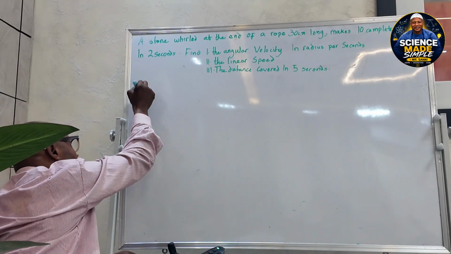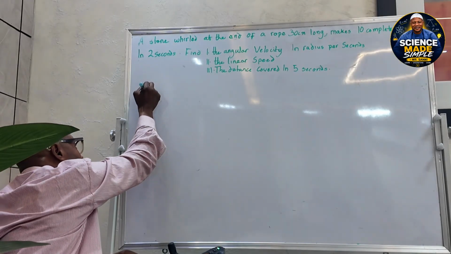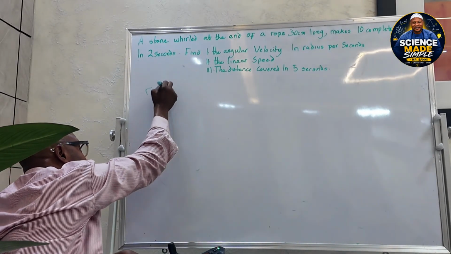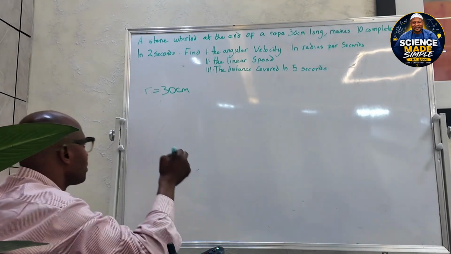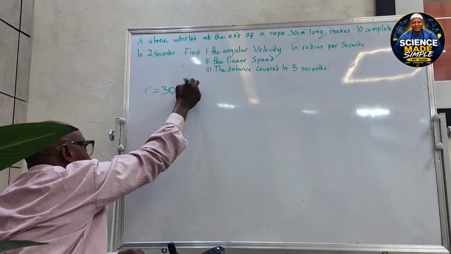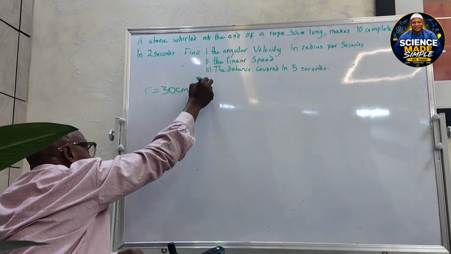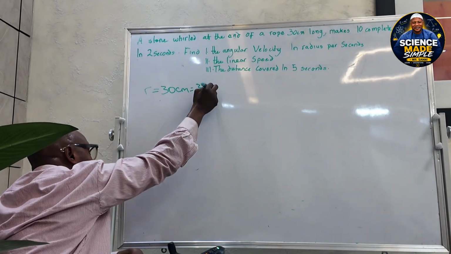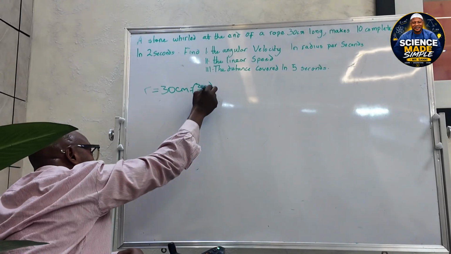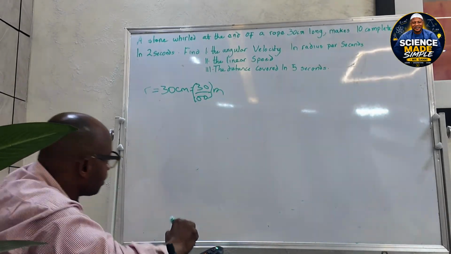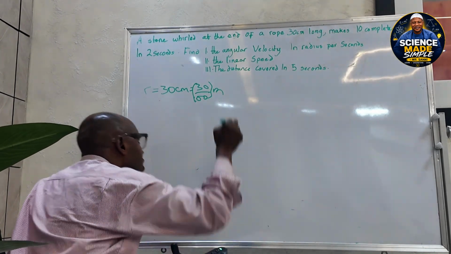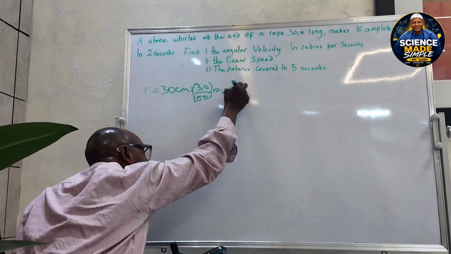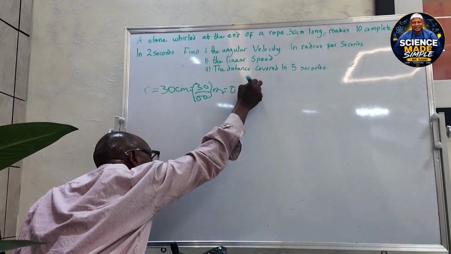That is the radius, 30 centimeters. We can easily convert that to meters, which is 30 over 100, which is 0.3 meter.